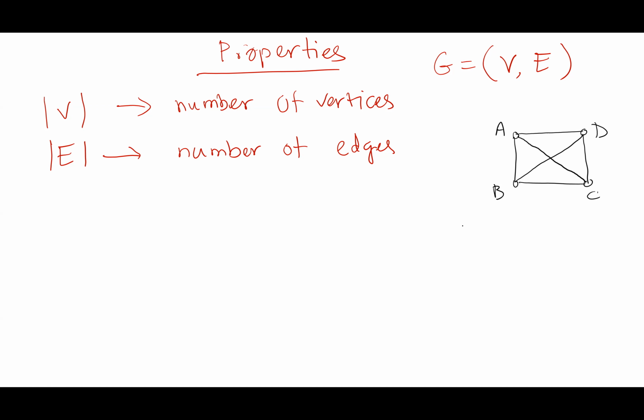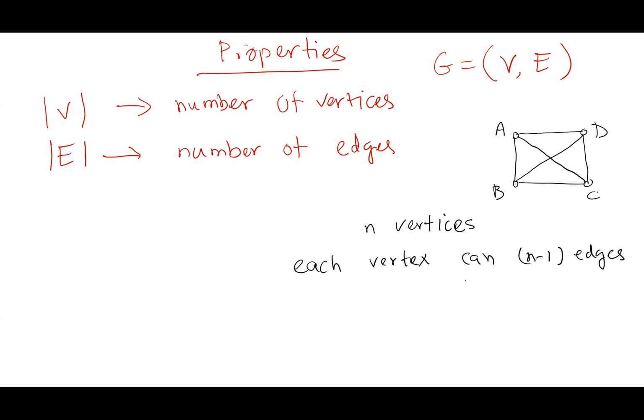So if the graph has n vertices, each vertex can have n minus 1 edges, because except itself, it can be connected with the other n minus 1 vertices.